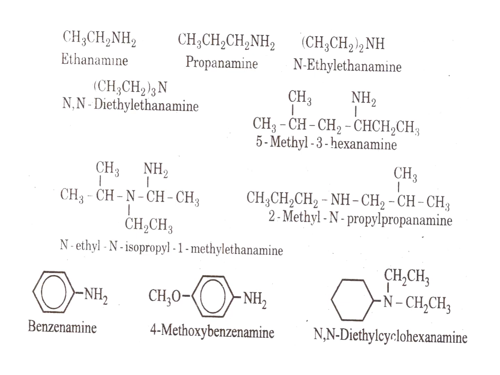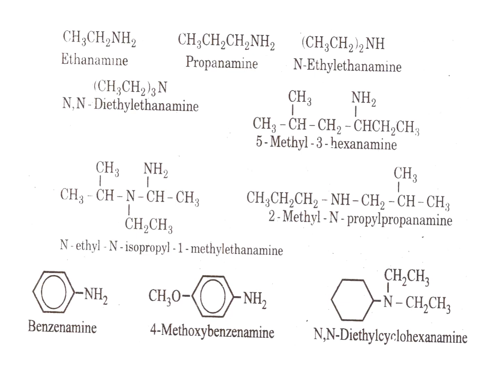But if we start numbering from the right hand side, then the amino group will attain position number 3, and the methyl group will obtain position number 5. So it means the numbering will start from the right hand side. So initially we shall write the substituent, that is 5-methyl, and then the parent chain, 3-hexaamine.